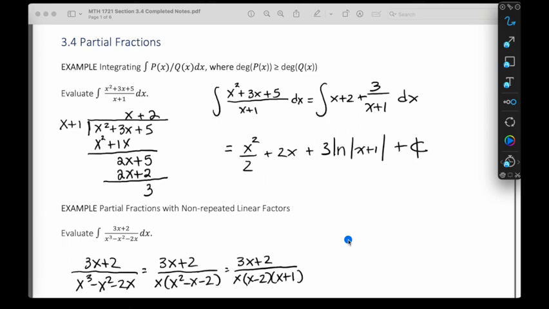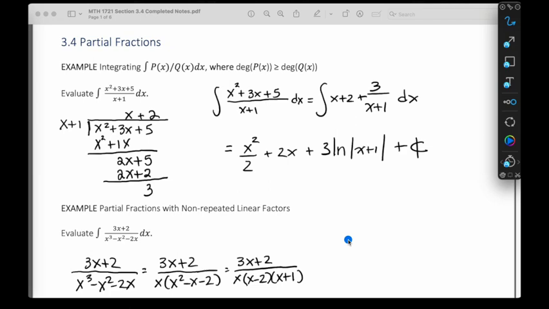So a lot of times when we want to integrate something that contains a rational fraction, it's easier to use the reverse process and express the rational fraction as the sum or difference of simpler fractions. And then when we split it up into simpler fractions, usually that's a lot easier to handle when we're integrating.